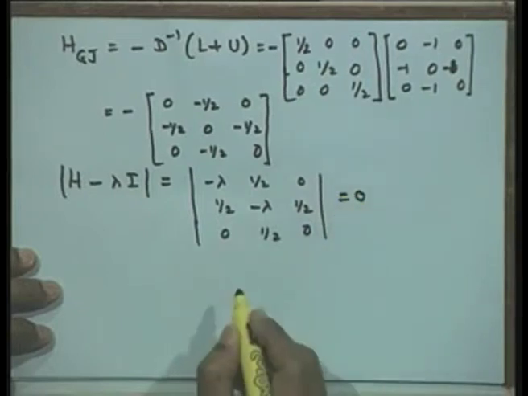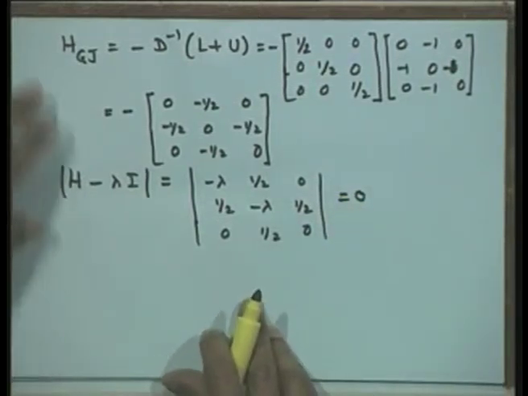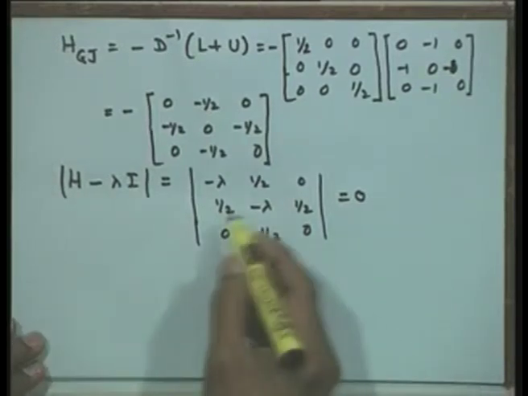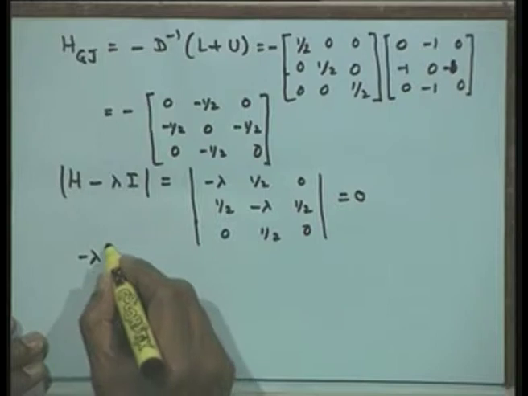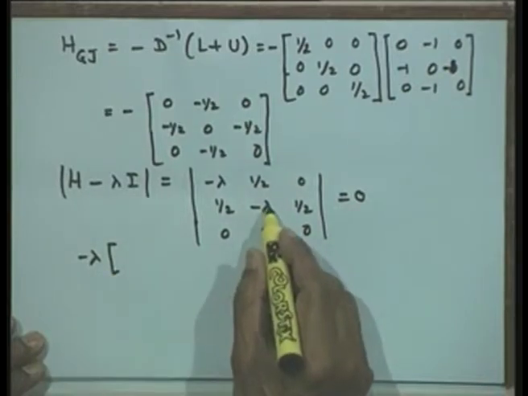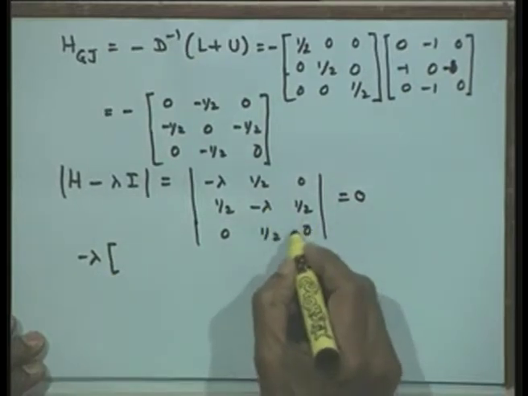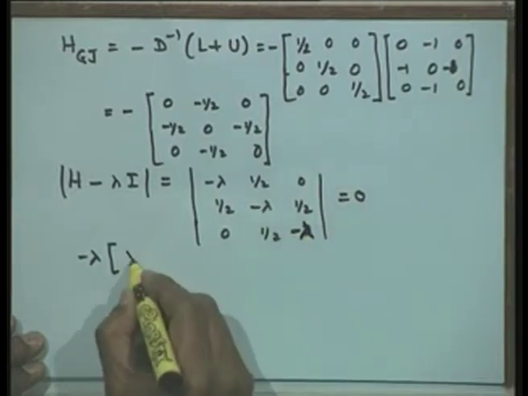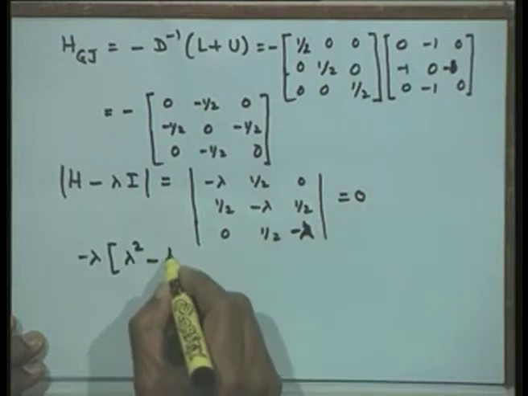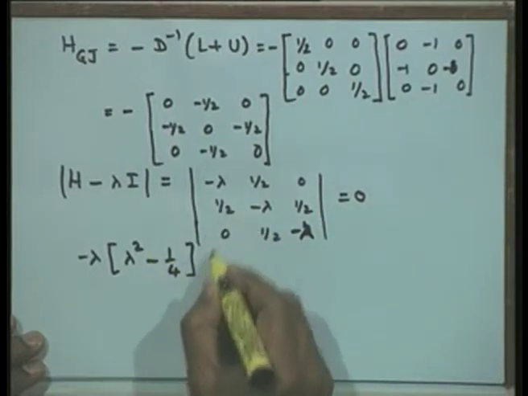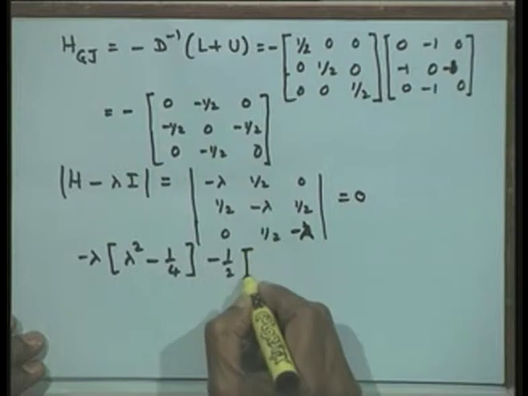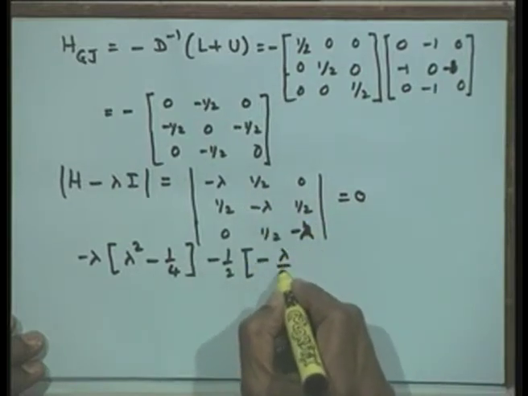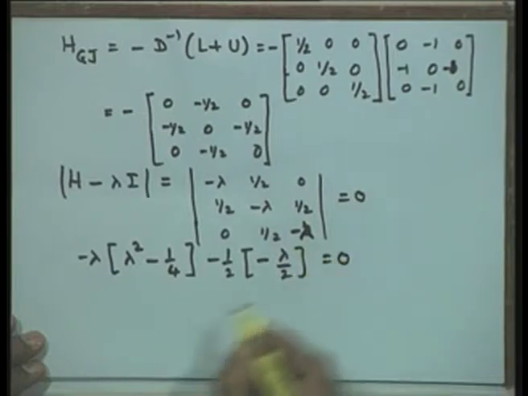This determinant is equal to 0. Now let us write down the expansion of this determinant. This gives you minus lambda times lambda squared minus 1 by 4, then minus half times lambda by 2, is equal to 0.